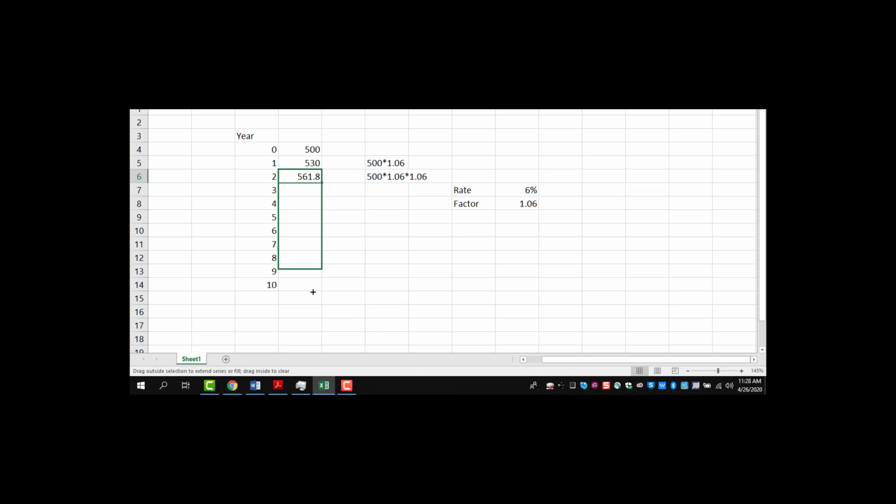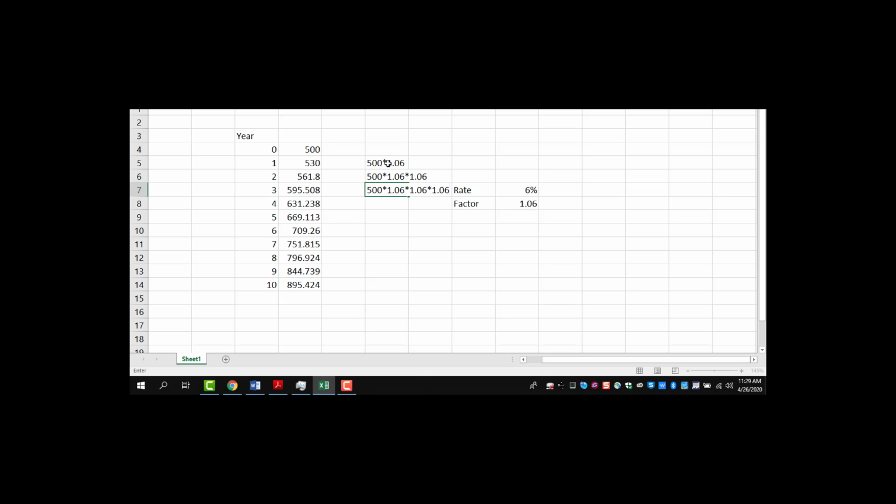And if I do it all the way down to 10, I get that much money. You can see how the first year it grew by $30, the second year by $31, the third year by 30. So it's not a linear function, it's an exponential function, and it's growing by 6%. Now, in this cell, it's really 500 times 1.06 times 1.06 times 1.06.